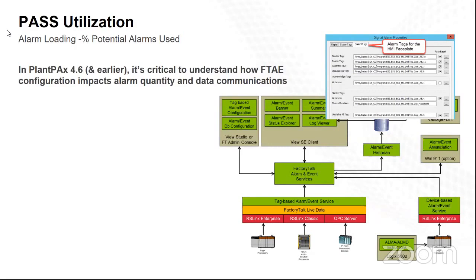So the reason why we give you a number of 10,000 alarms per data server, or per alarm and event server, is because of that. As you start sizing it and you start adding analogs, digitals, and everything else, you're also making the assumption of how many alarms you're planning on adding into the system, whether that's through ALMAs, ALMDs, or the standard HMI alarming.